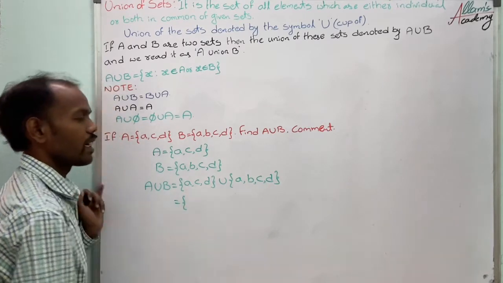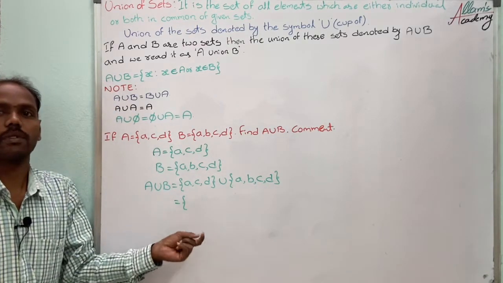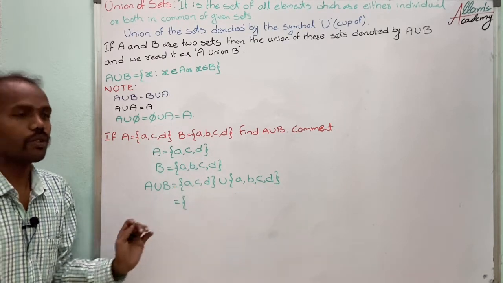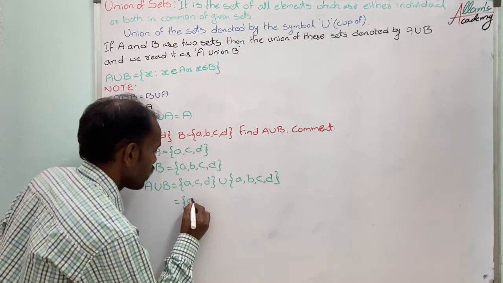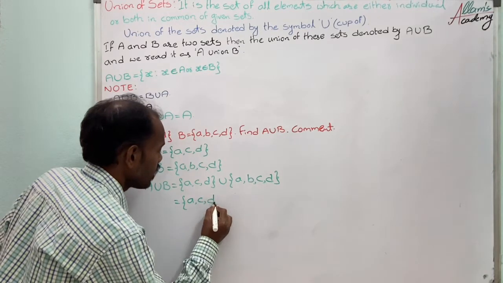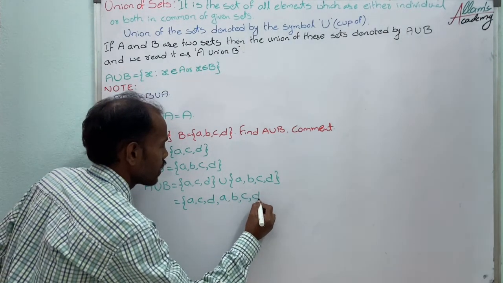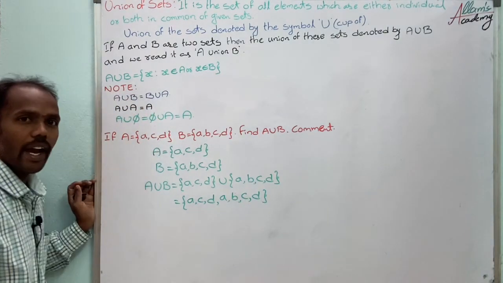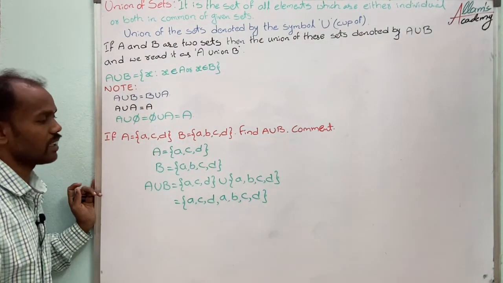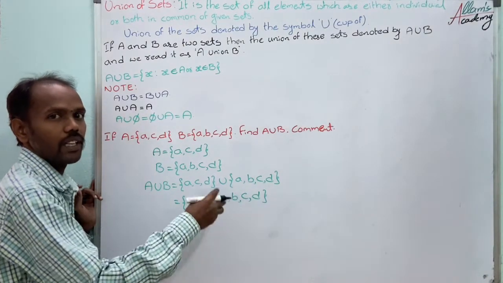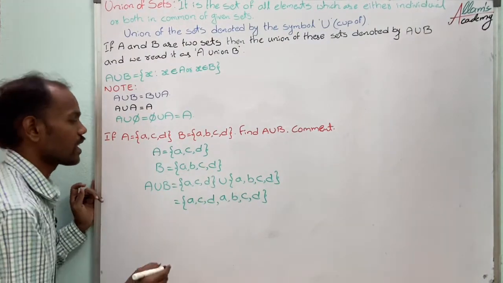Now we already said that union means we have to write all the elements in the given two sets. So A, C, D, A, B, C, D. And if any element is repeated, we have to take it a single time.